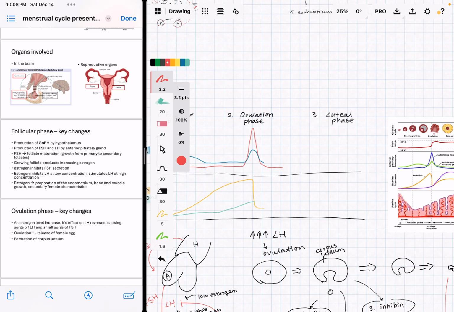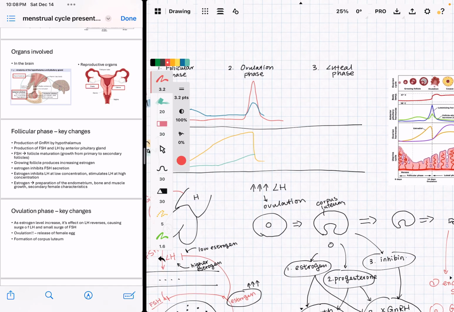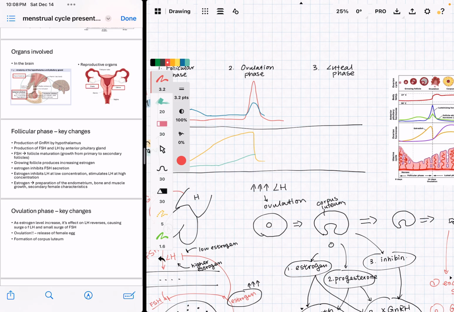Because of the high levels of estrogen, progesterone, and inhibin, LH will be suppressed to a fairly low level throughout the luteal phase until the second half of luteal phase, when estrogen, progesterone, and inhibin levels slowly decrease, and LH level is going to slowly rise again. And what about FSH? It's basically going to experience a similar effect.